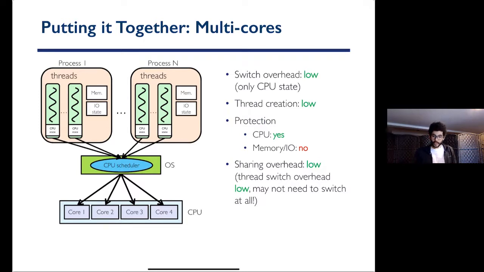Now, if you have multiple CPUs, you could potentially run one thread on one CPU, another thread on another CPU, and let them communicate. So conceptually, it's possible to do communication between threads without needing any context switching between them.